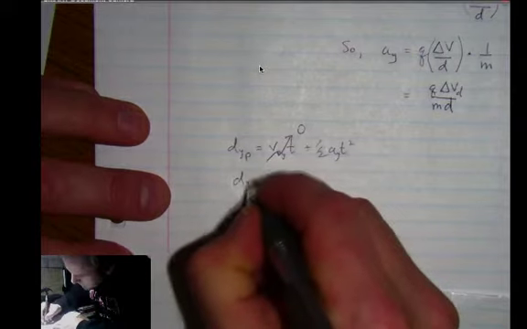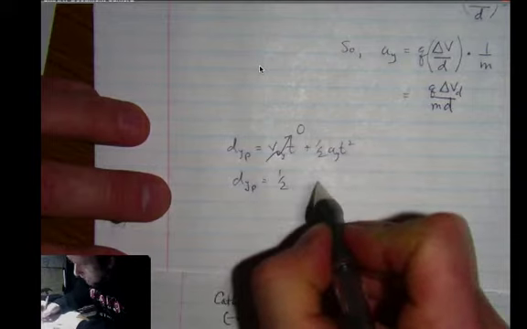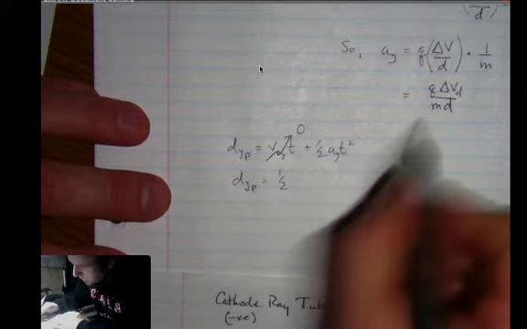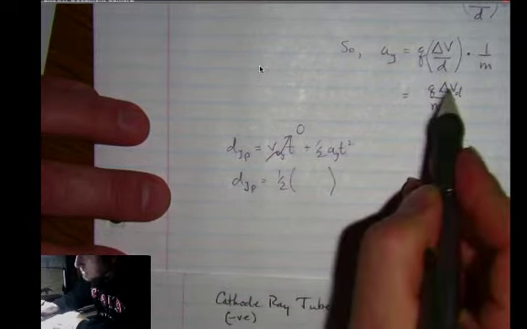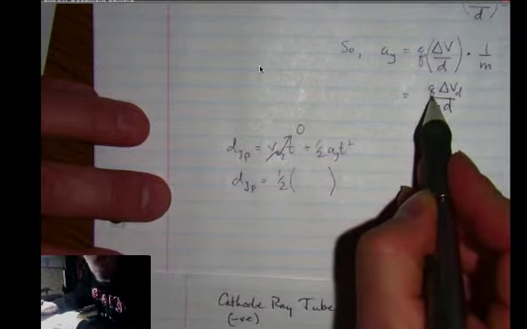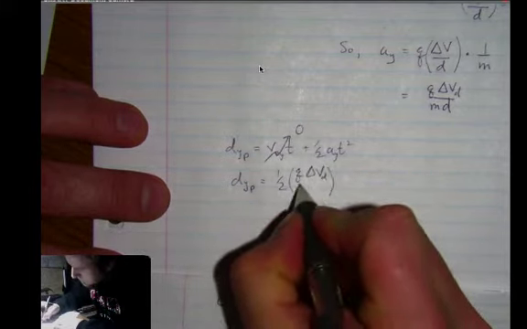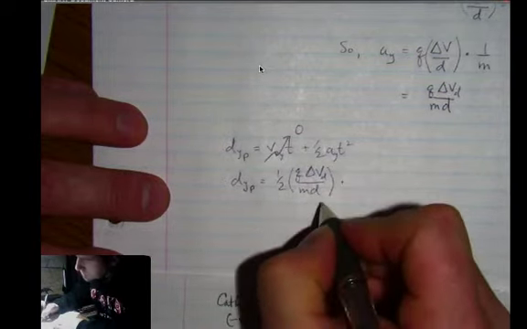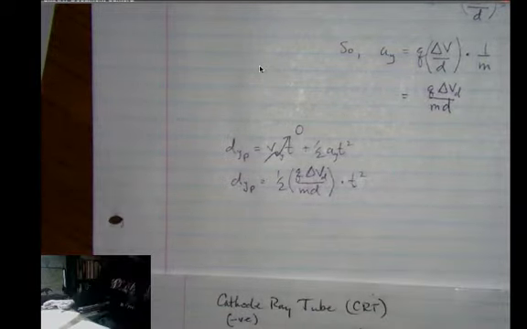So we get the following: 1/2 ay t squared. I would like to substitute in this new expression I have for a now. Since a is dependent on these values, which are measurable or given values, I will plug it in here for the a. So I have Q, change in voltage, over mass times distance, times t squared.